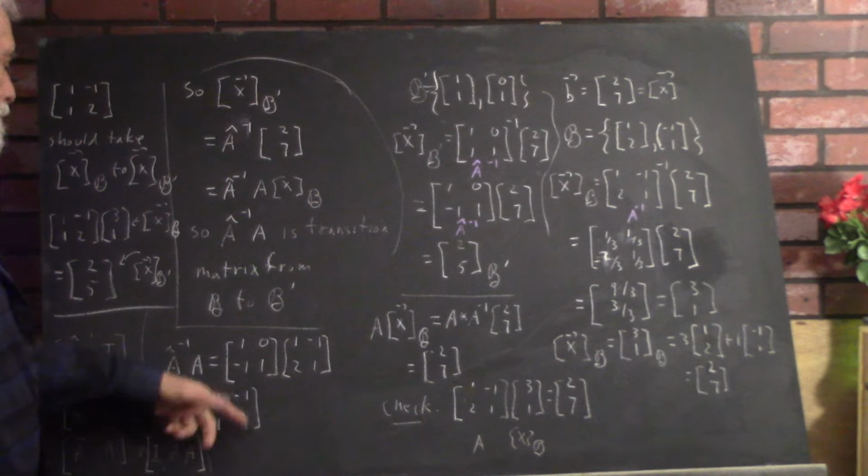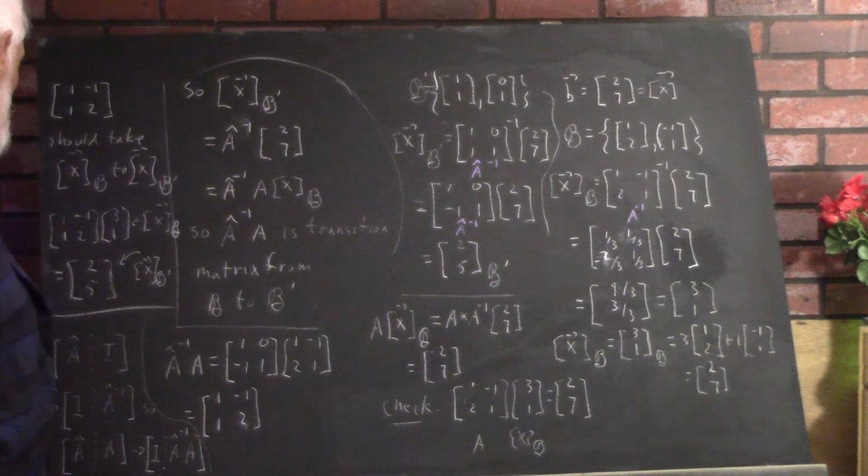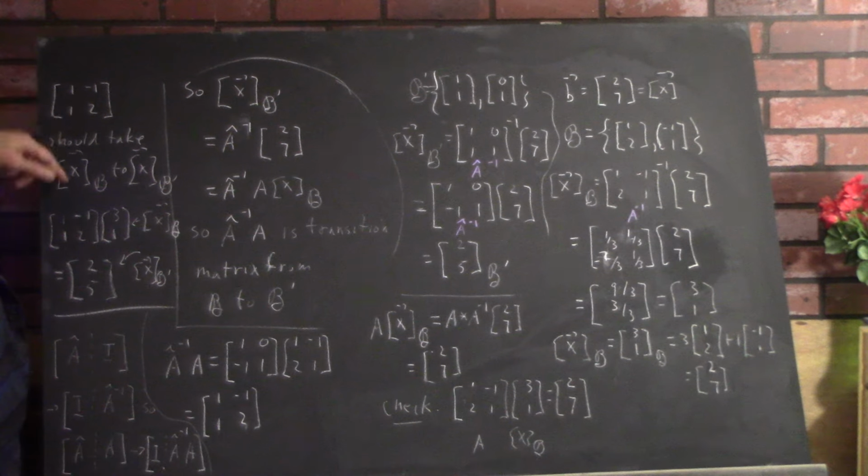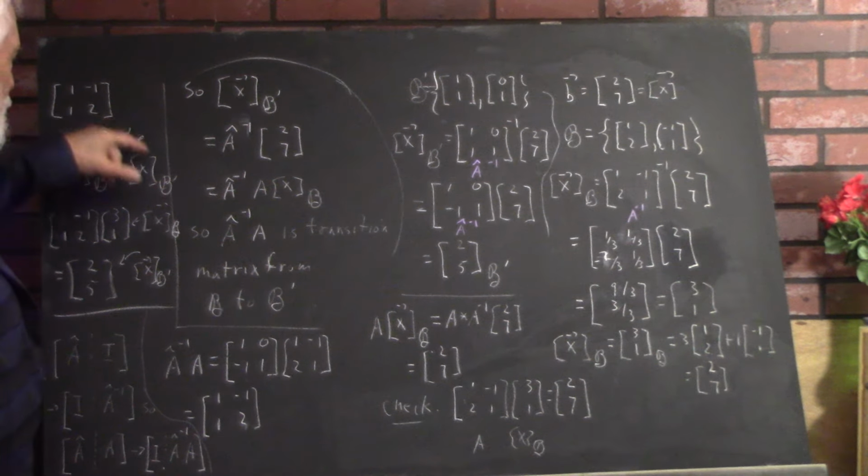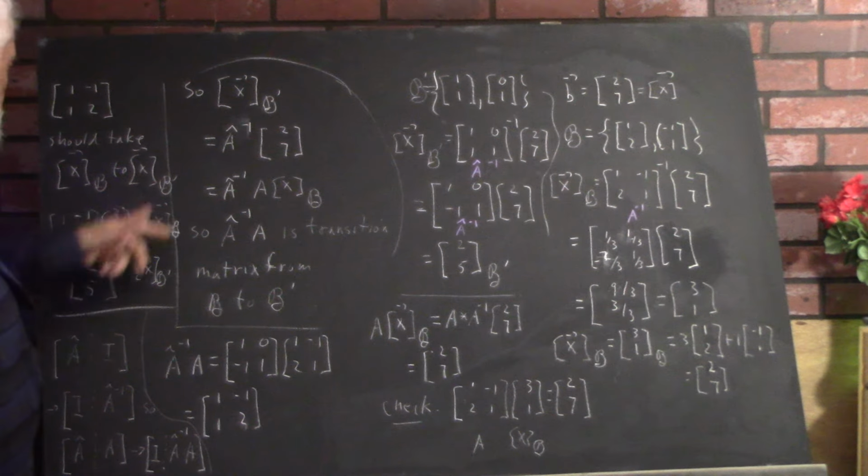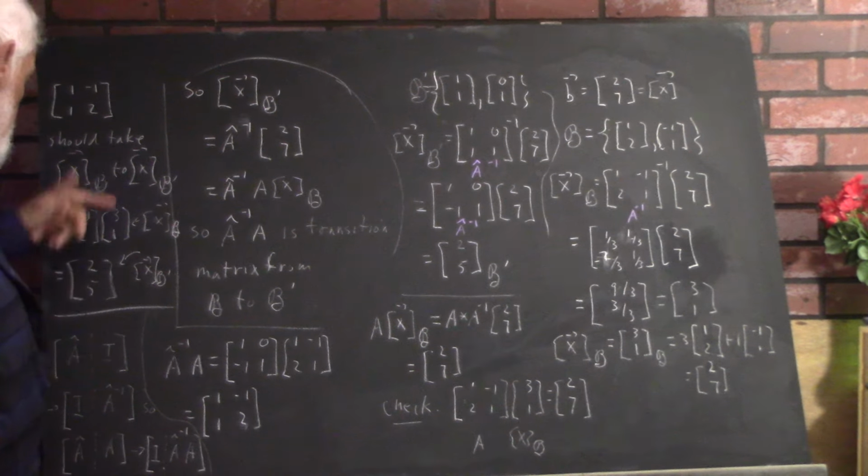How do you get this a little more easily? Well, this matrix should take XB to XB prime, and we check to see that it really does. We just do the multiplication.